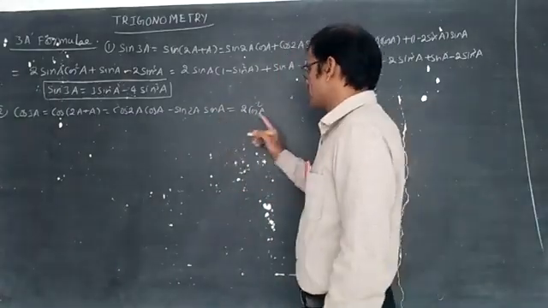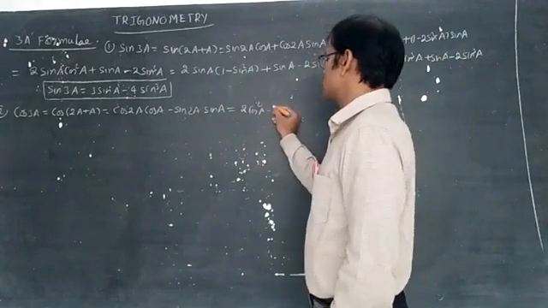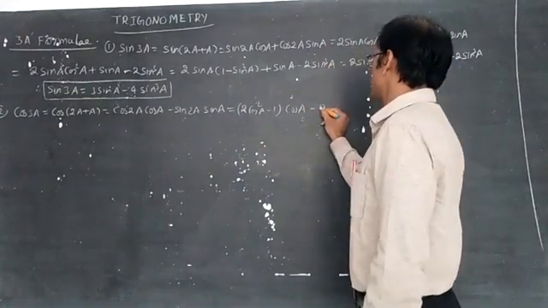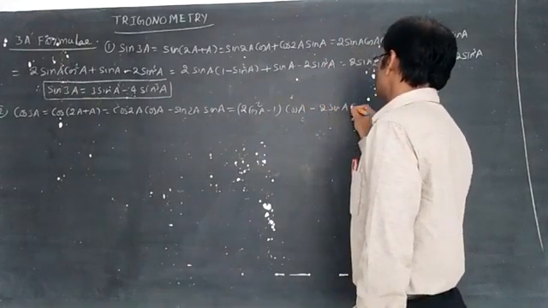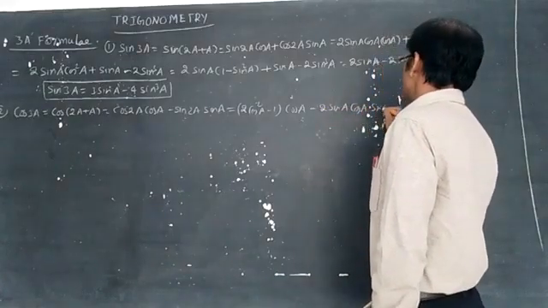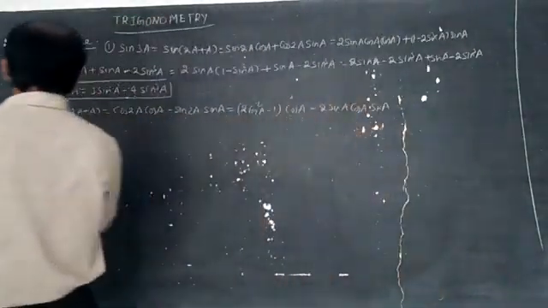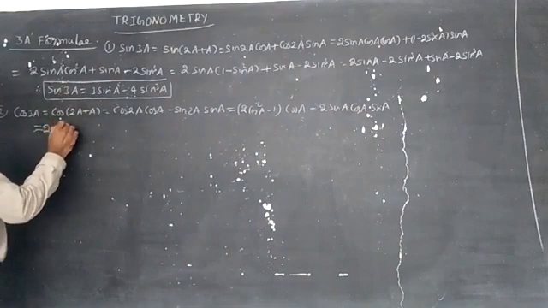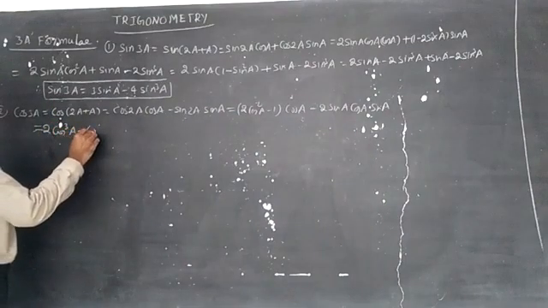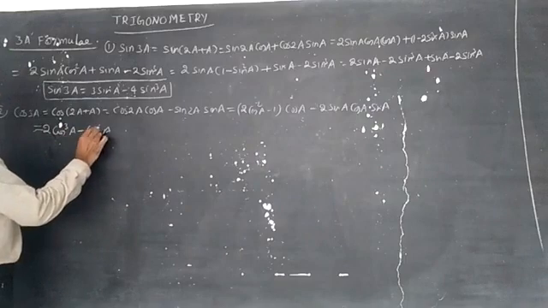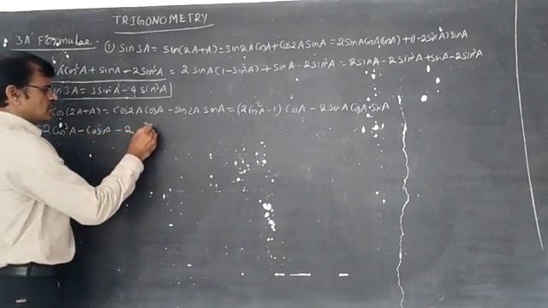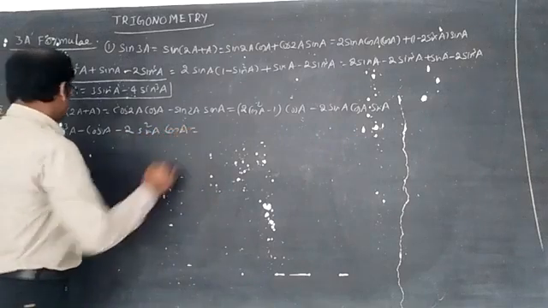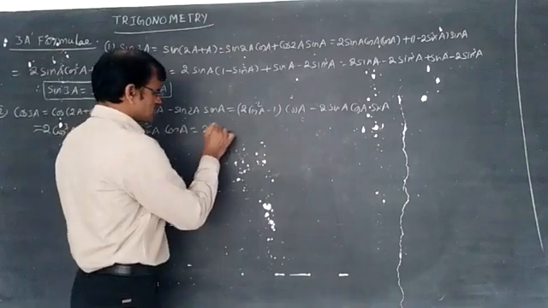So every term can be converted into a cos term. 2 cos square A minus 1 into cos A minus sin 2A, whose formula is 2 sin A cos A, into sin A. Next step, multiply: 2 cos square A into cos A becomes 2 cos cube A minus cos A minus 2 sin square A into cos A.